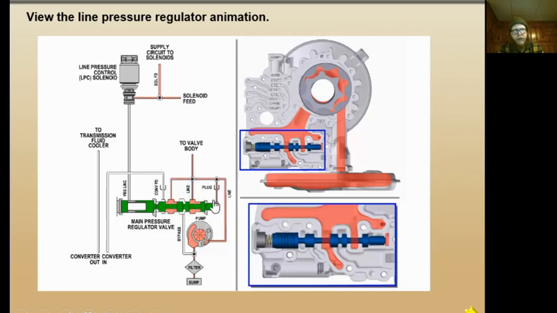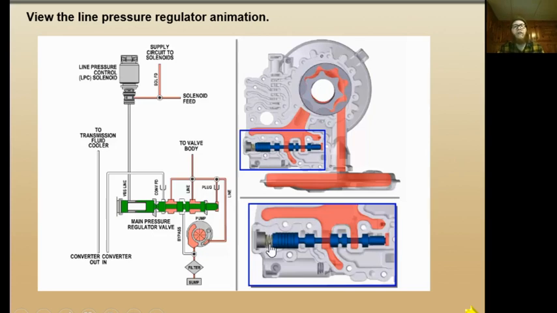So that line pressure, and think about piston size and back to brakes and Pascal's law and all that kind of stuff. The pump puts fluid on one side of the valve. This line pressure control solenoid puts fluid pressure, the same fluid pressure, on the other side. And we can limit that.